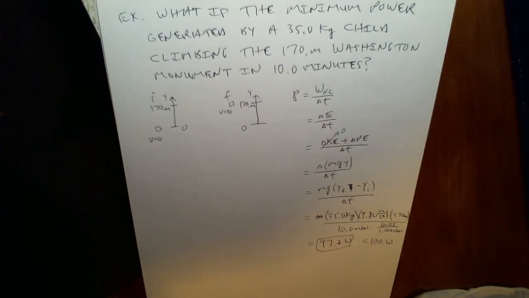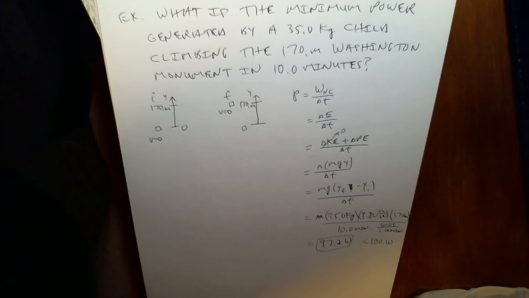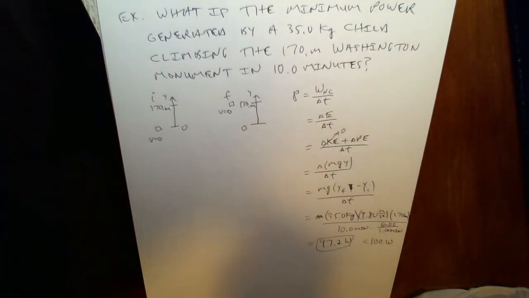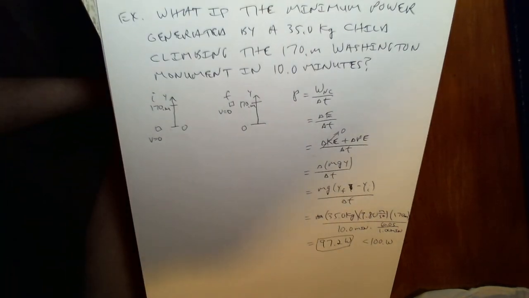Let's see, I'm going to think of a building story as, I guess 15 feet or so, something like 5 meters. So this is going to be like 34 stories in 10 minutes, which means one story in a bit less than 20 seconds, right?